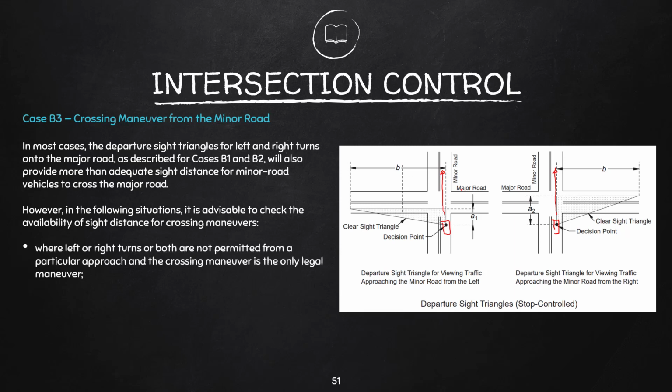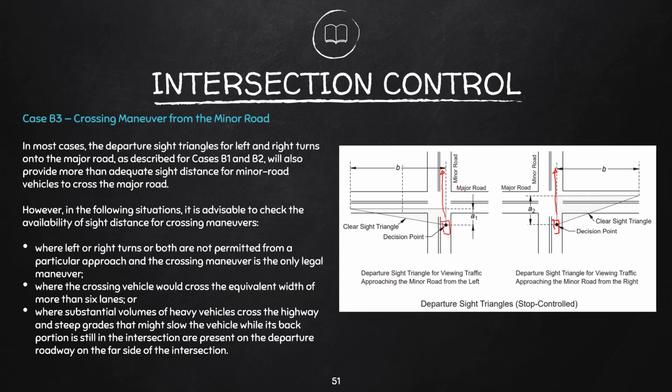In the following situations, it is advisable to check the availability of sight distance for crossing maneuvers: where left or right turns or both are not permitted from a particular approach and the crossing maneuver is the only legal maneuver; where the crossing vehicle would cross the equivalent width of more than 6 lanes, or where substantial volumes of heavy vehicles cross the highway; and where steep grades that might slow the vehicle while its back portion is still in the intersection are present on the departure roadway on the far side of the intersection.